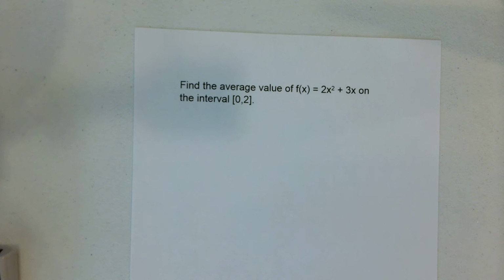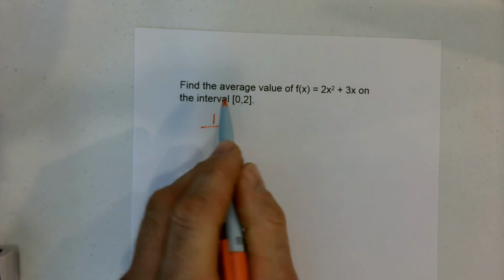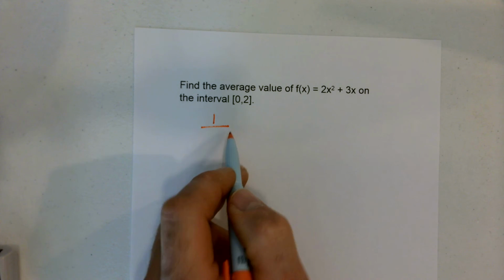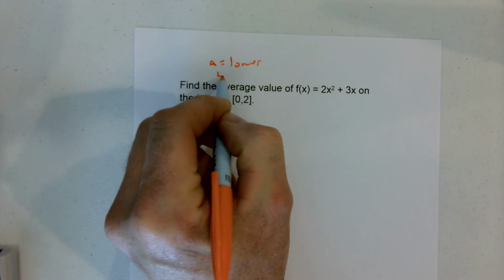So find the average value of f of x equals 2x squared plus 3x on the interval from 0 to 2. So again, my average value, I have 1 over b minus a. B again is my upper bound. A is my lower bound. So you might want to put that up there again. A is the lower, b is the upper.